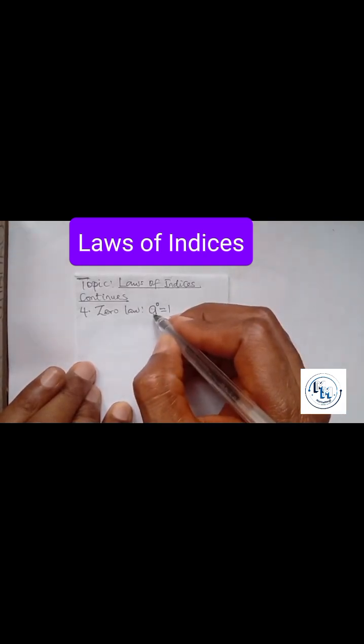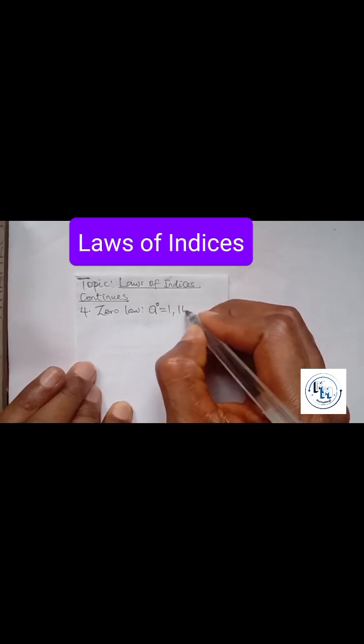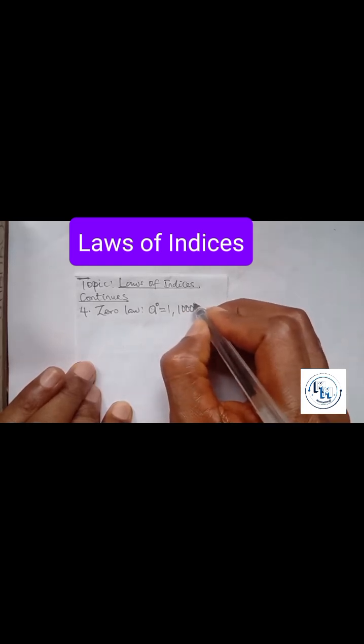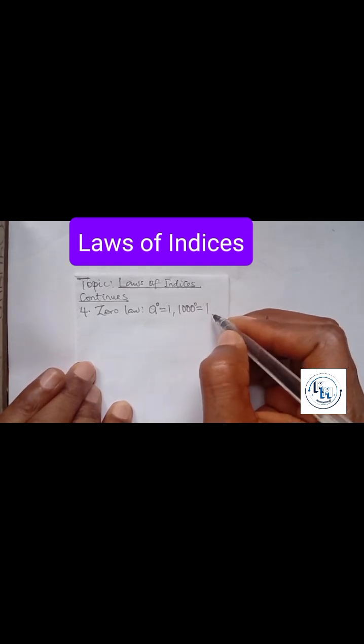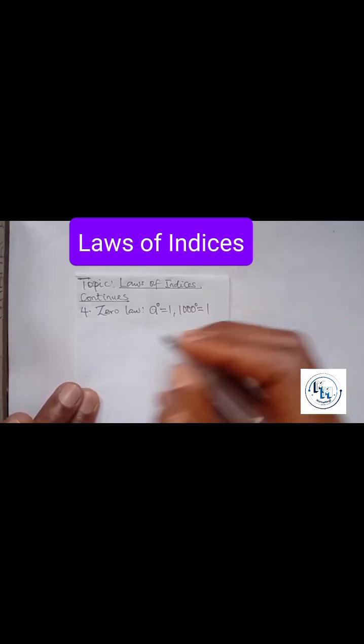This is a to power 0, that is 1. If by chance you encounter something like 1000 to power 0, do not panic, just quote the law. The law says it is equal to 1. That is that about the zero law.